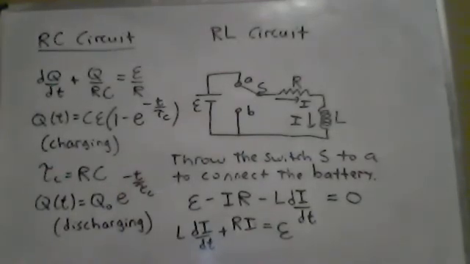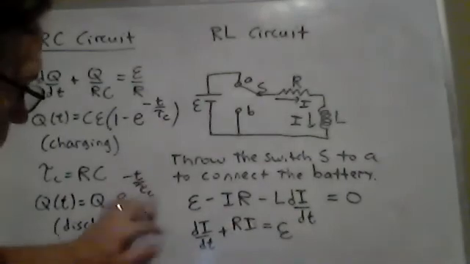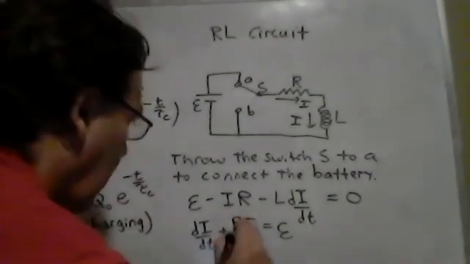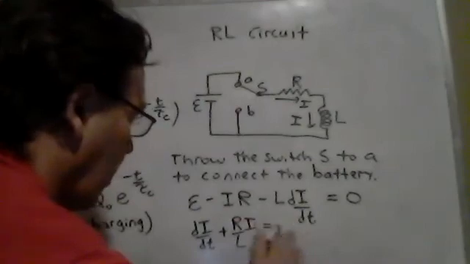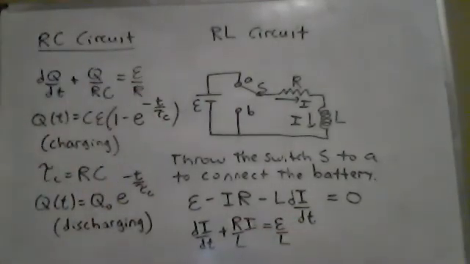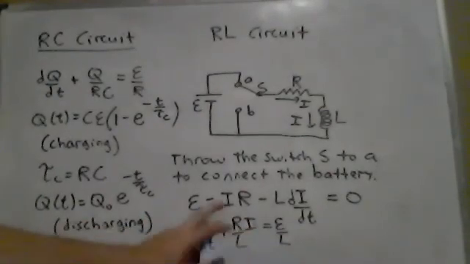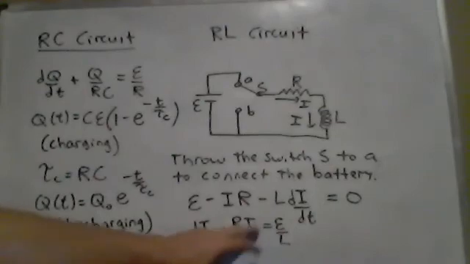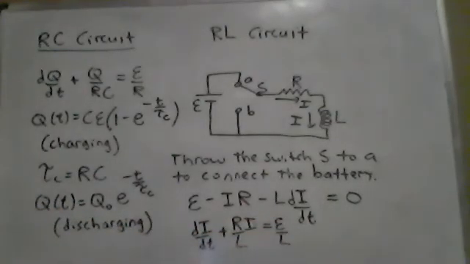And I'll do one more thing. I'll just divide through by L. So I'm going to have an equation that looks real similar, isomorphic, in fact: di/dt plus a constant times I, R over L in this case, times I, equals epsilon over L. The function that I don't know, the unknown function, is I as a function of t for the RL circuit.